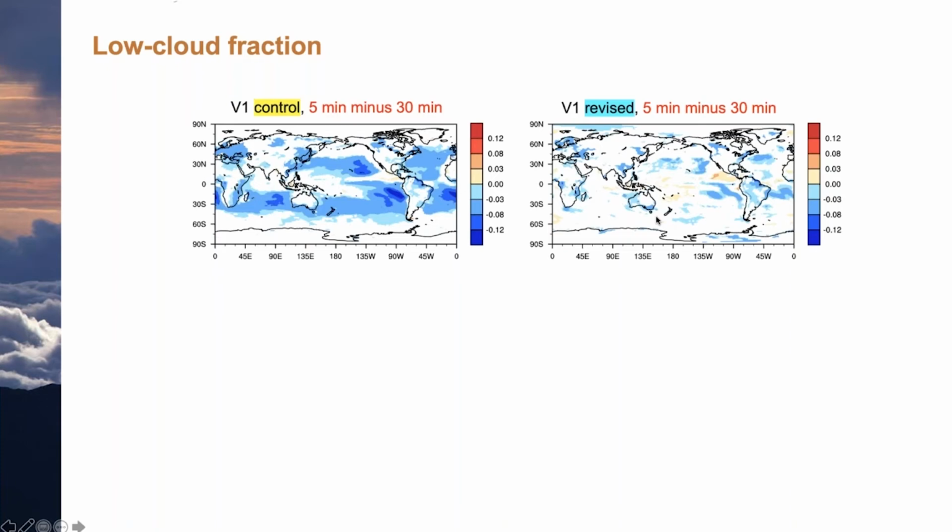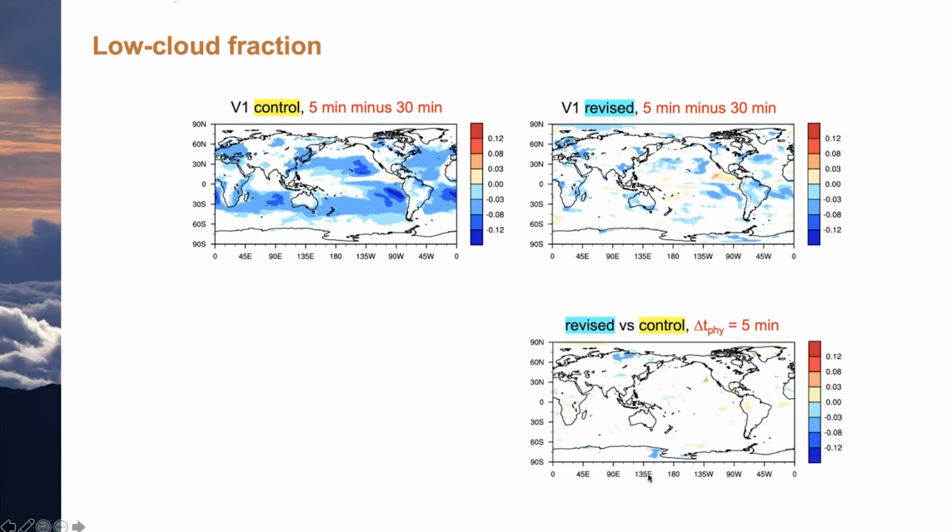So we see substantially smaller areas with the blue color, suggesting that the time step sensitivity is indeed significantly smaller. And here in this panel, we don't see much color at all, which tells us that when the step sizes are shortened, these two configurations converge to the same simulation.